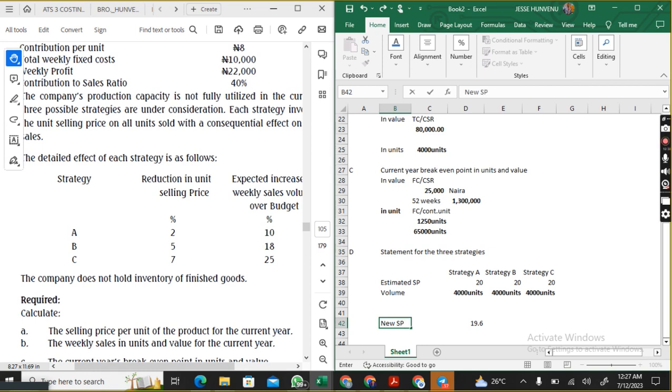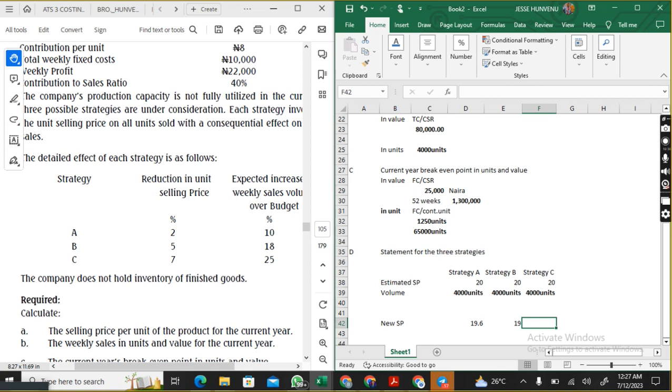For this one, it was reduced by 5%. So multiply by 1 minus 0.05, that's 19.